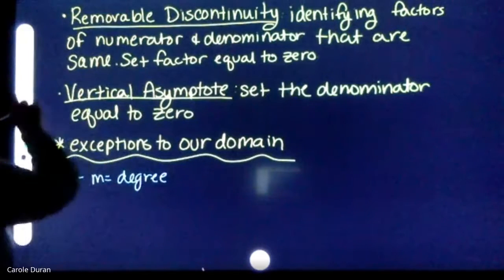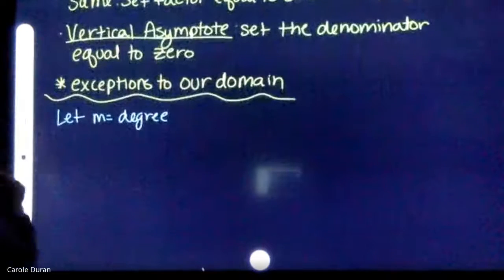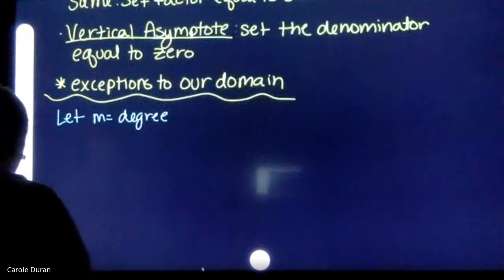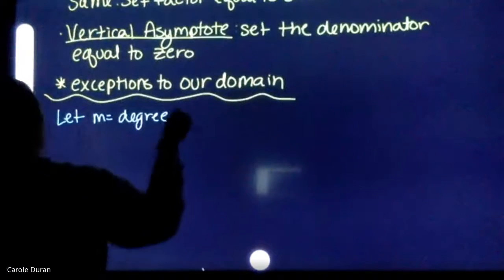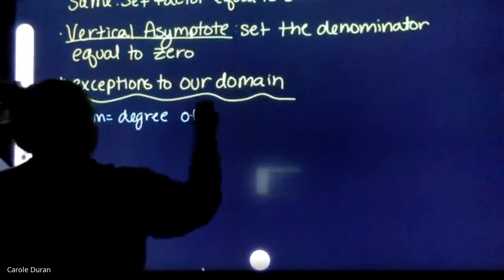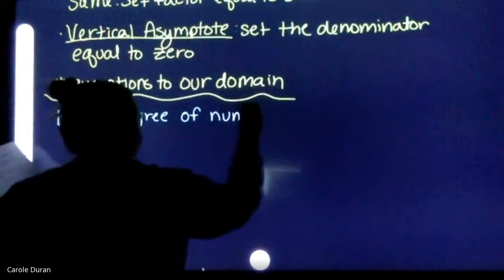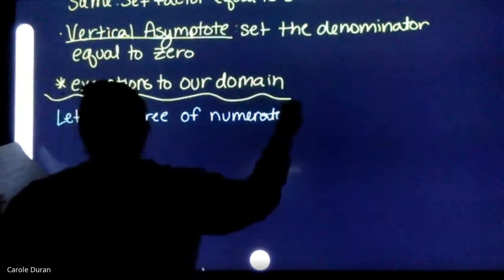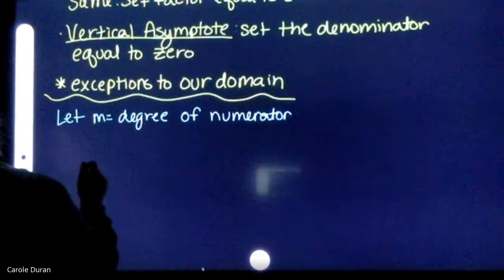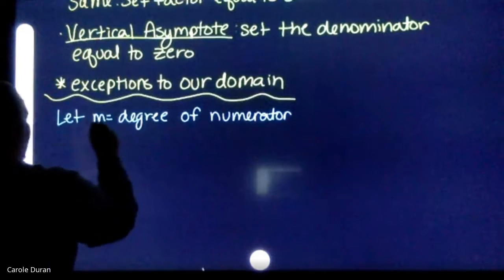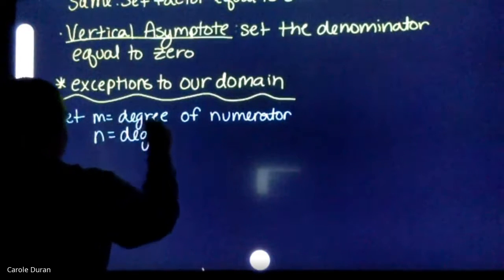In order to do our horizontal and our oblique, we need to use some variables. So I'm going to say m is the degree of the numerator. And n is the degree of the denominator.